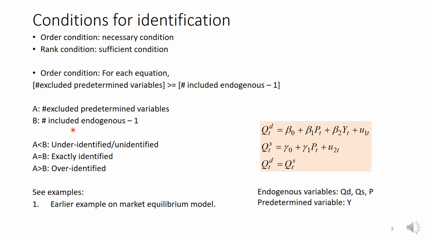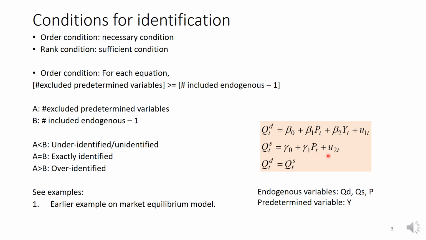Therefore, A is equal to 0. So if A is equal to 0 for this equation and B is equal to 1, then we have this condition of under-identified or unidentified. Therefore this equation is unidentified.